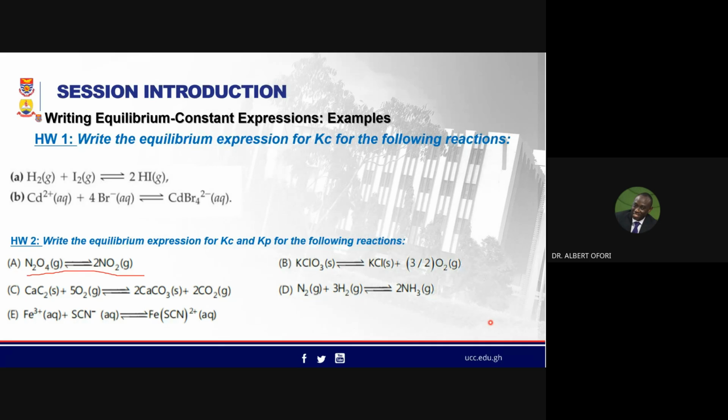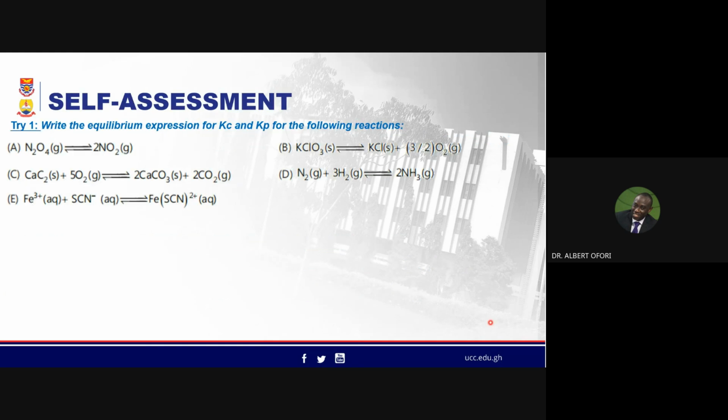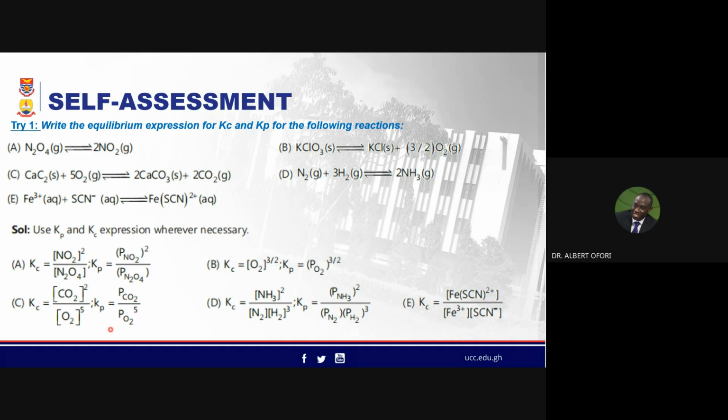Okay, I think it's almost the same, only that one you use square brackets. So in writing the equilibrium constant expression in terms of concentration, we use square brackets. Then for pressure we use brackets, but we indicate it as P. So it basically will be the same, only that one we use square brackets and the other one we use pressure.